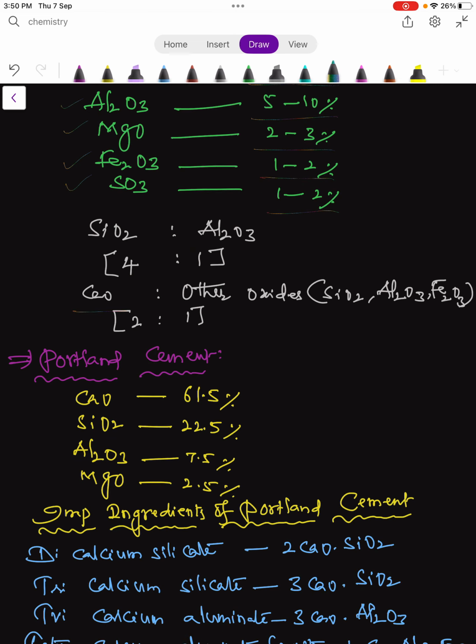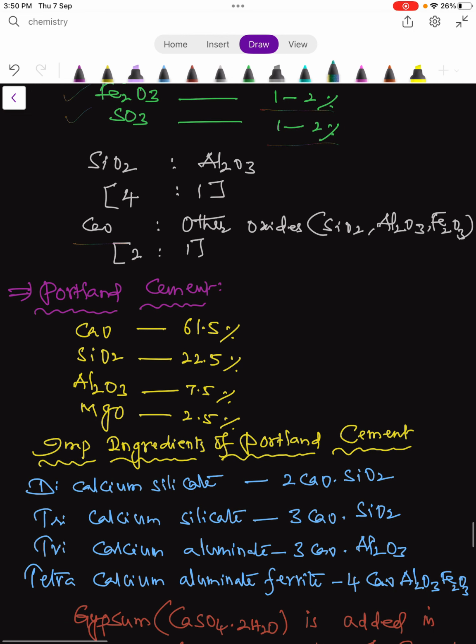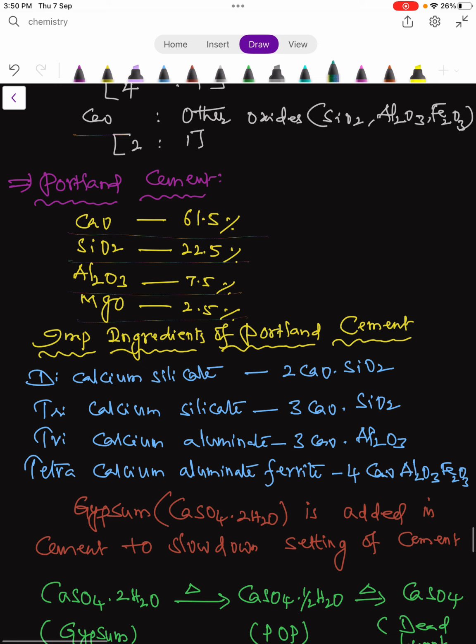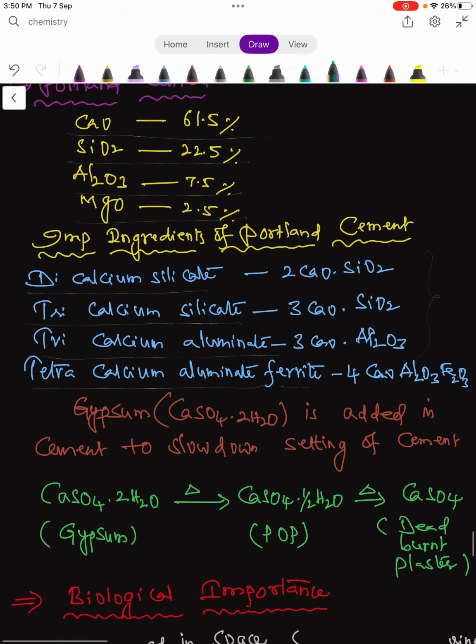Next, Portland cement. Its composition is: calcium oxide 61.5, silica 22.5, alumina 7.5, magnesium oxide 2.5. The important ingredients of Portland cement are dicalcium silicate, tricalcium silicate, tricalcium aluminate, and tetracalcium aluminoferrite.